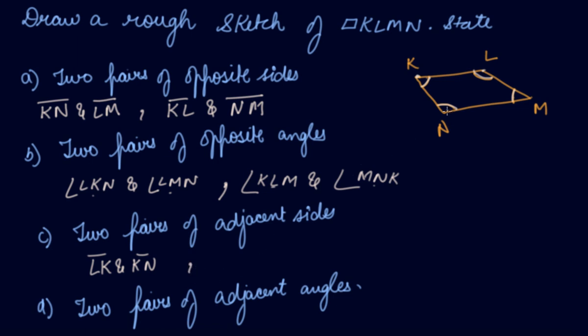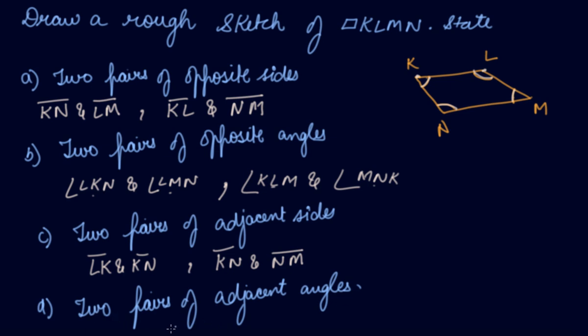Then you can write that KN and NM are the adjacent sides, because N is the common. If you are asked to write more pairs, you can write NM and ML, because M is the common point. So NM and ML are the adjacent sides. Similarly, KL and LM are the adjacent sides because L is the common point. So in this way you can write out the adjacent sides.